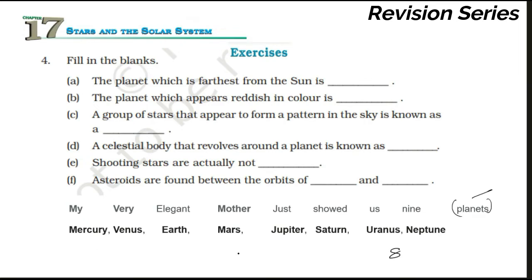If you can remember this, you can answer questions related to the distance between the sun and the planet. So the first statement is: the planet which is farthest from the sun. Since you know this, the answer is Neptune, which is the farthest from the sun. So the first answer is over.